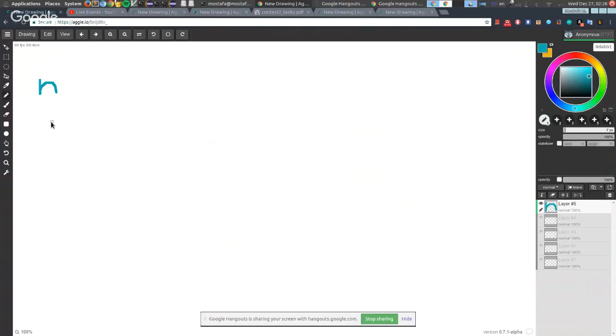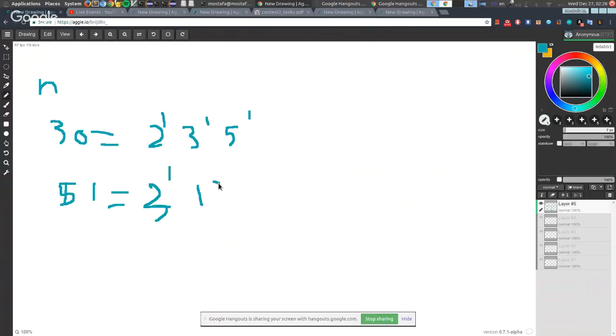So for example, here if we have 30, this is factorized 2 by 1, 3 by 1, 5 by 1. And if we have 51, this is factorized 3 by 1, 17 by 1. We have something like 90.